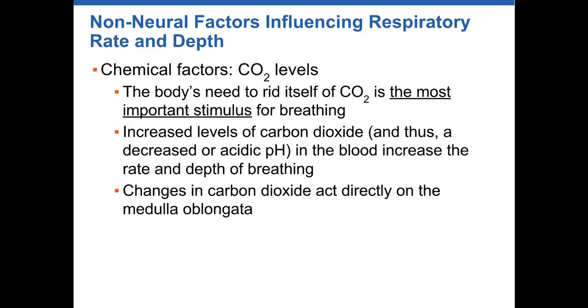So the most important stimulus is CO2, as I was talking about a little bit earlier. You would probably predict oxygen, as would most people, but CO2 is more important because remember, it's the pH of your cerebrospinal fluid that is going to be affected when CO2 combines to make carbonic acid, which we learned about on Thursday. That's going to lower the pH of your blood if your CO2 levels are too high, and so you'll breathe faster.